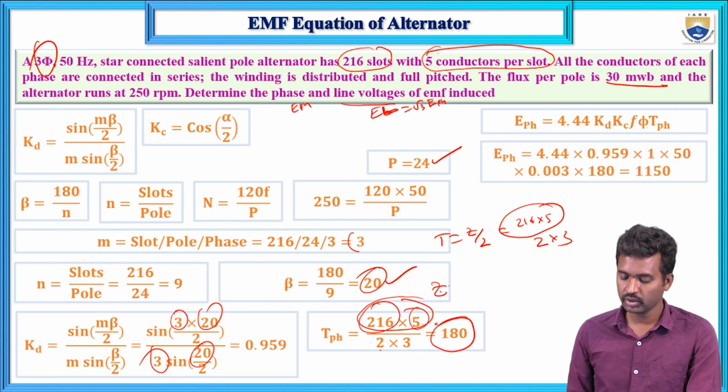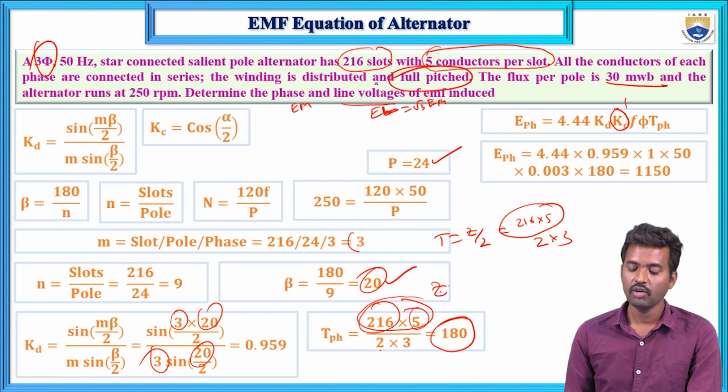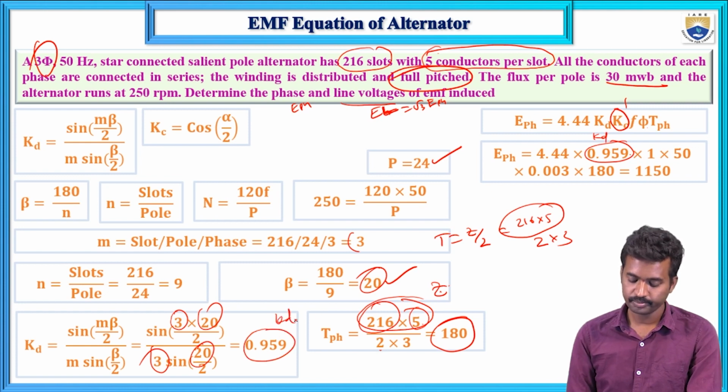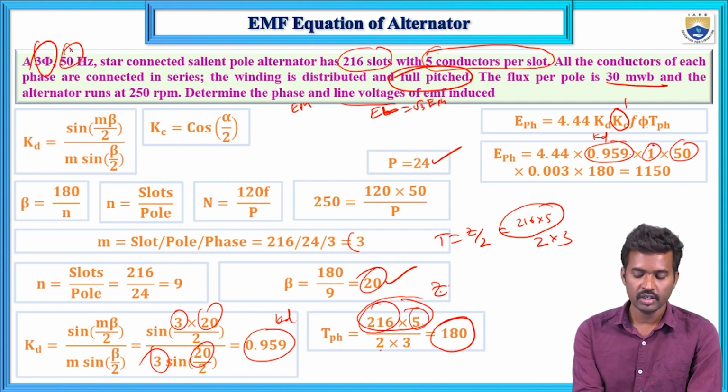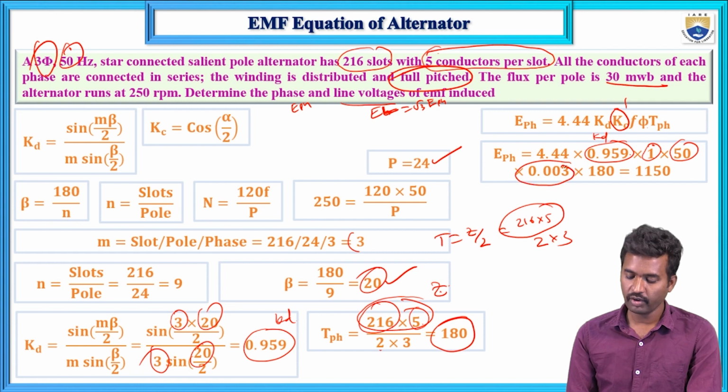Now substitute in this: E phase equals 4.44 kd into kc into f into flux into T phase. Kc equals 1 because it is a full pitch winding. E phase equals 4.44 into kd, that equals 0.959, and kc is 1, frequency is 50 hertz, and the flux is 30 milliwebers, and this 180 is the turns per phase.